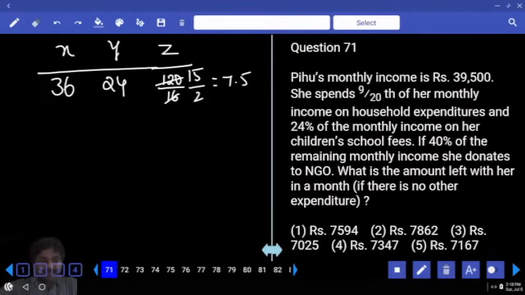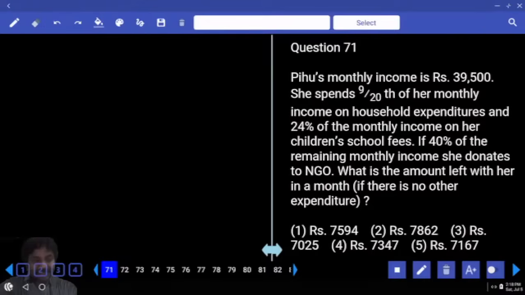P, whose monthly income is 39,500, spends 9/20th of her monthly income on household expenditure. 9/20th. Initial income 100%. 9/20th of 100% in terms of percentage is 45% spent on household expenditure. 24% of monthly income 100%, 24% of it goes on her children's school fee. 40% of the remaining income.